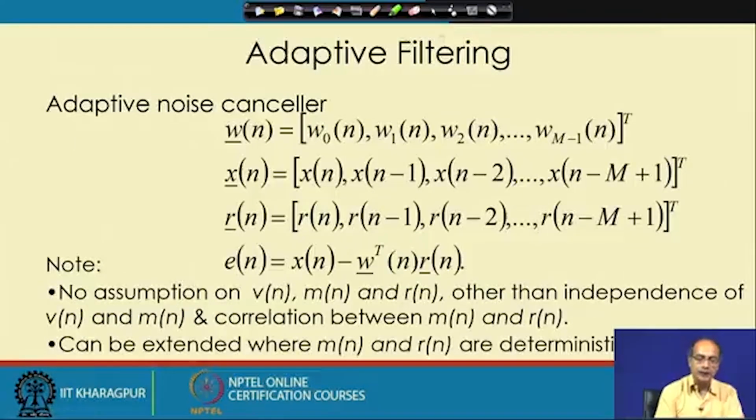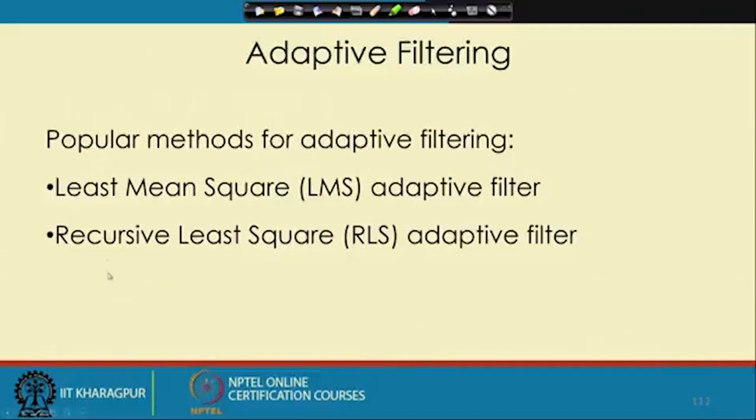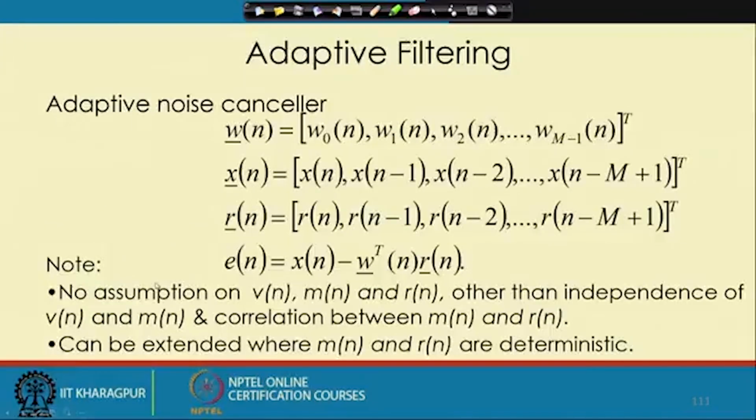So, this part, the adaptive noise canceller, we can now write in a very compact form. First, we write the tap weights W as an m by 1 dimensional vector.